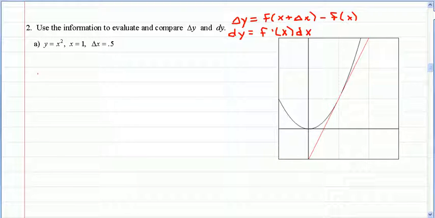So let's start by finding delta y, then we'll find dy, and then we'll look at the graph and I'll show you what the graphical interpretation is of delta y and dy.